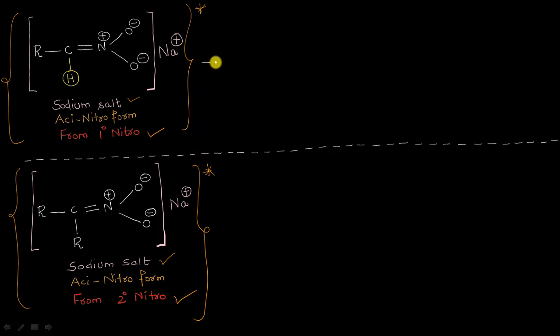So if to this sodium salt of the ACI nitro form we add 50% sulfuric acid, let us see what will happen. Being an acid, it can give protons to this reactant molecule, and as the oxygen here as well as here has a negative charge, I can write here R single bond C, the hydrogen atom, double bond nitrogen, single bond here, positive charge.